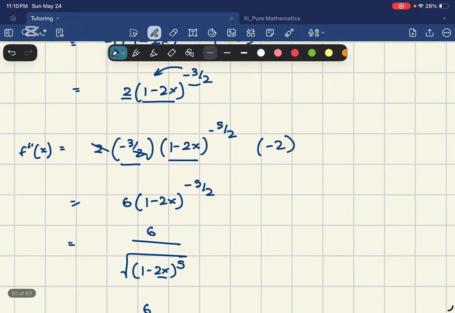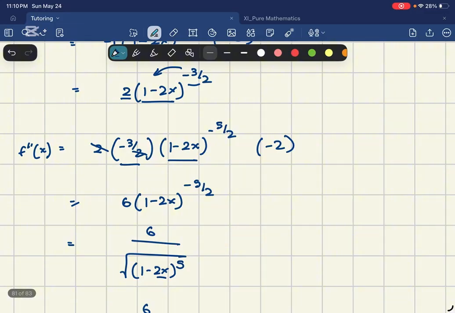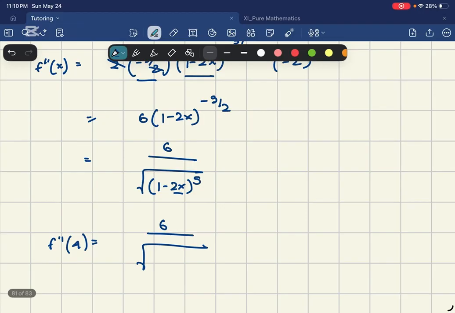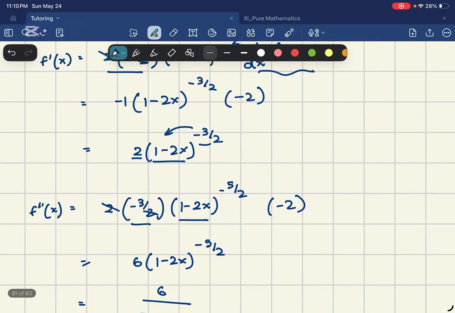I think I made a mistake somewhere. But if I substitute 4 here, 1 minus 8 is going to be negative 7. And negative 7 to the 5th power is still going to be negative. And that should not be possible.